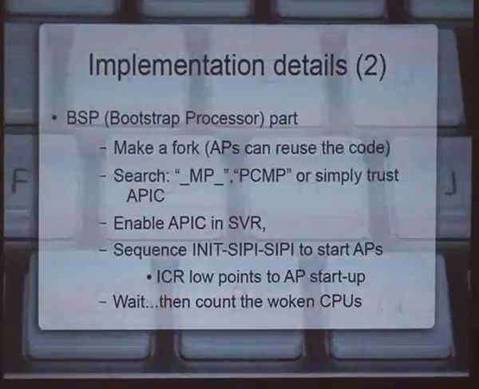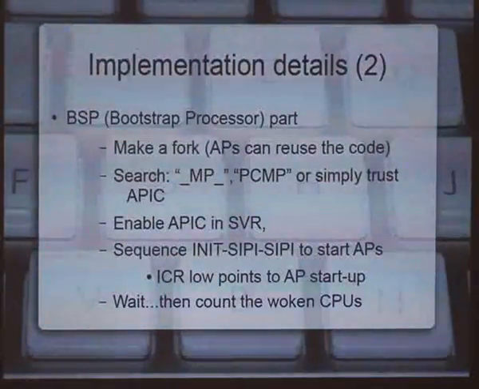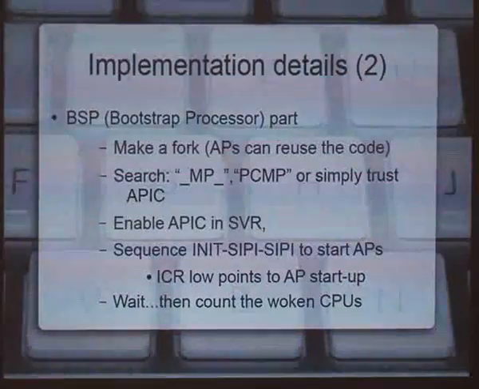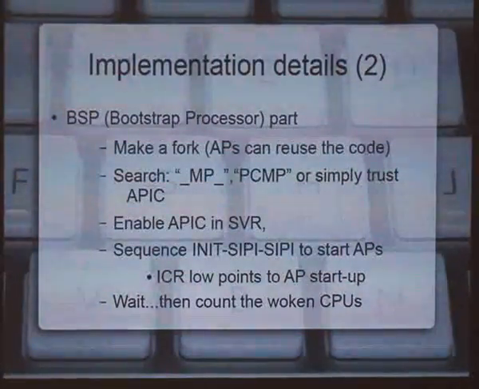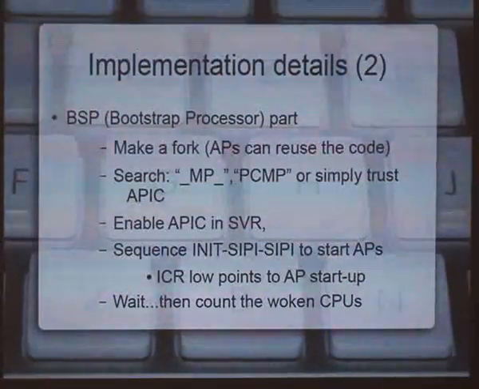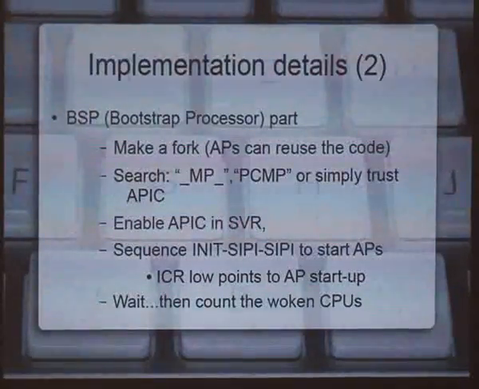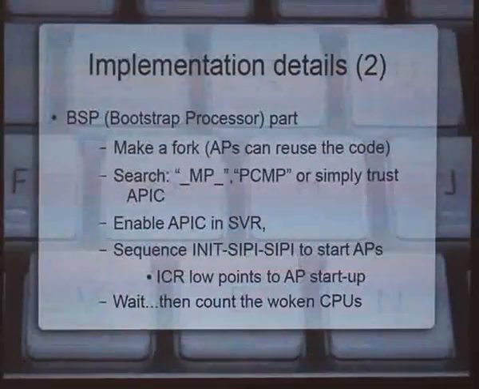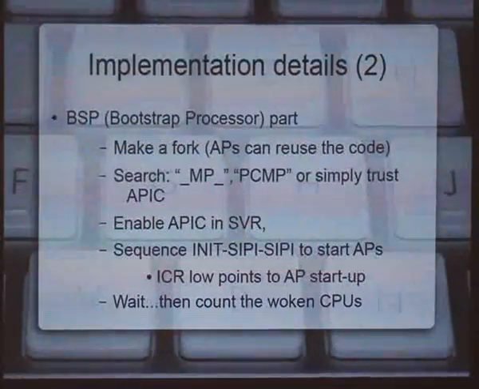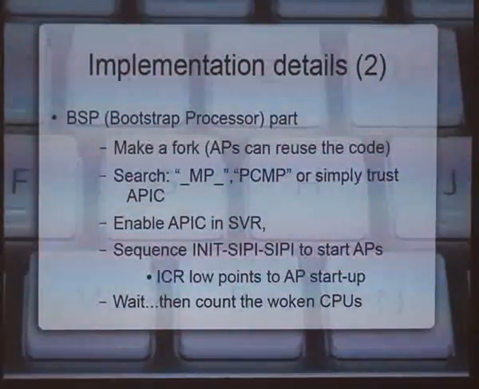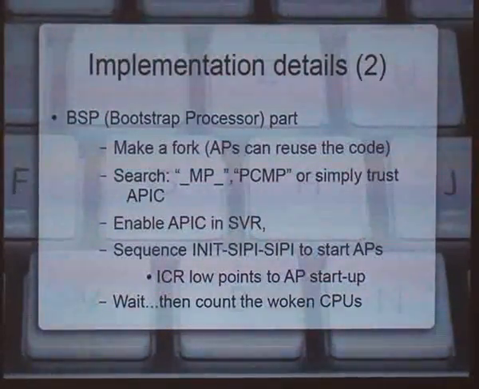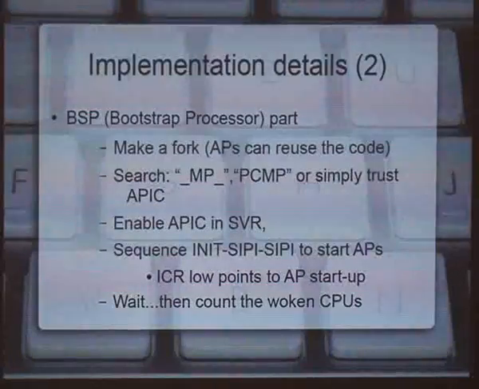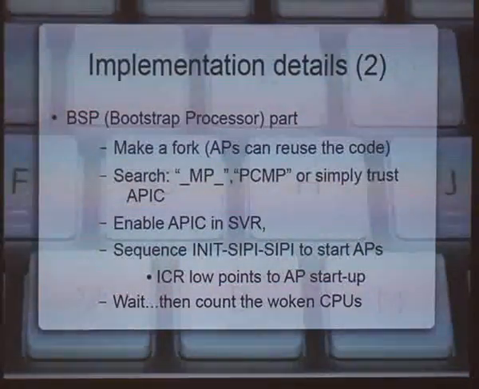And the MP structure references another structure that starts with PCMP. And then you can be really sure that the CPU supports multiple processors. But because some systems don't have it implemented, you can just ignore this step and go on with the initialization, enable APIC, boot up other CPUs, and just count how many CPUs woke up.